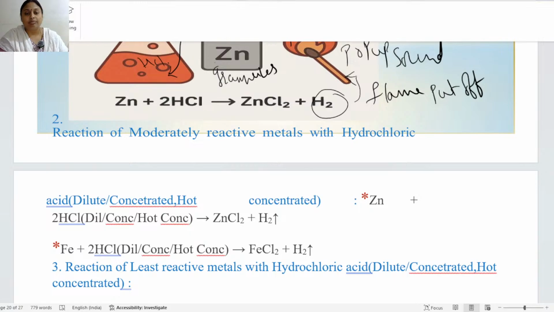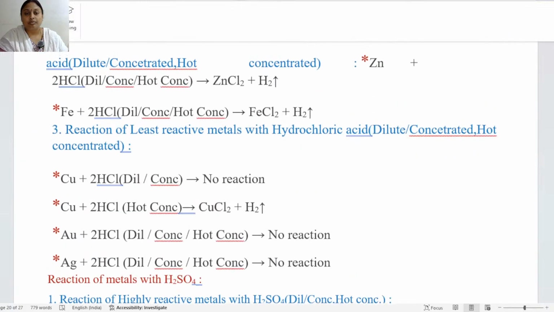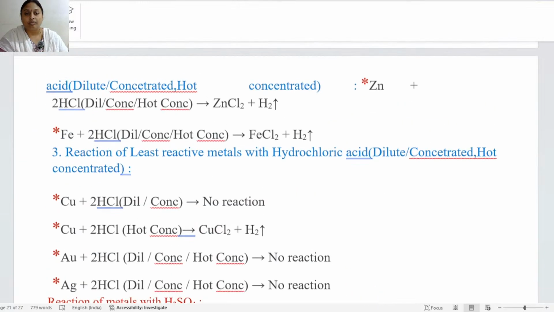So next, when it comes to the least reactive metals like copper, when reacting with concentrated, no reaction. When reacted with dilute, we see no reaction.